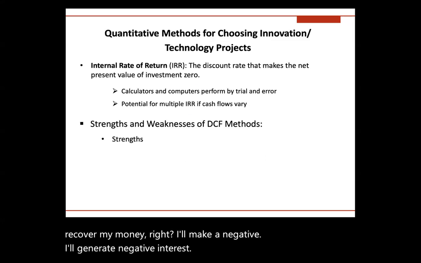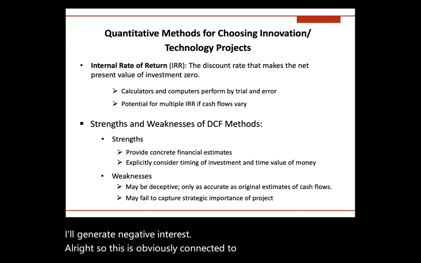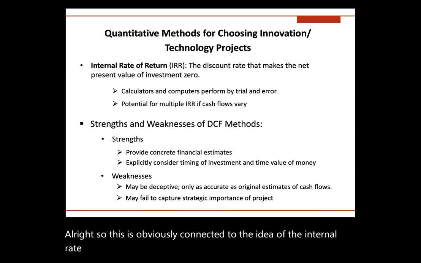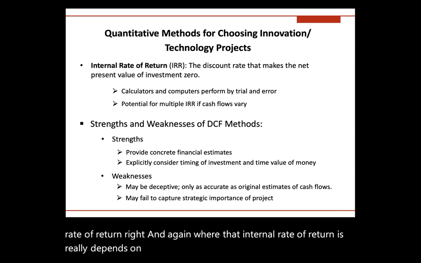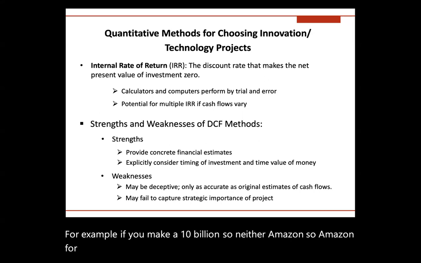All right, so this is obviously connected to the idea of the internal rate of return, right? And where that internal rate of return lies really depends on what the borrowing costs for that money are. For example, Amazon doesn't pay any dividends, right?